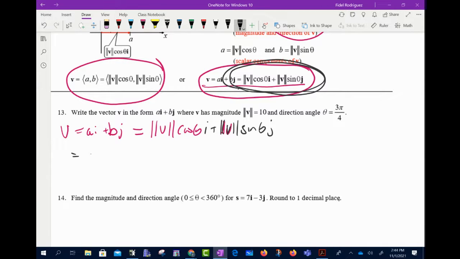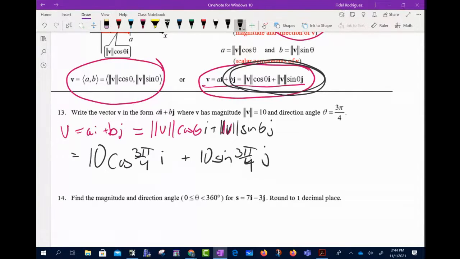We already know the magnitude is 10, so this is going to be 10 cosine of our angle 3 pi over 4 with my i plus 10 sine 3 pi over 4 with our j.